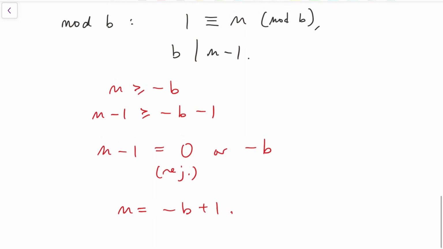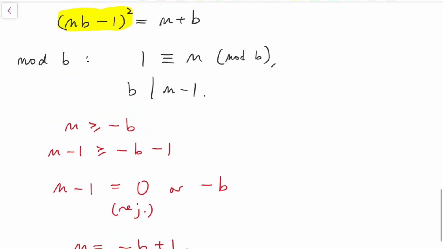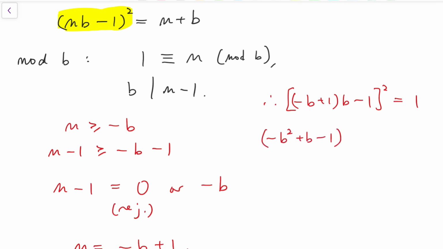Then going back to the equation above, we have (minus b plus 1) multiplied by (b minus 1) all squared is equal to 1. So (minus b squared plus b minus 1) all squared is equal to 1.